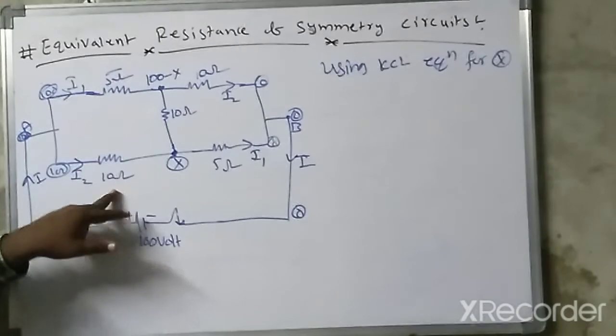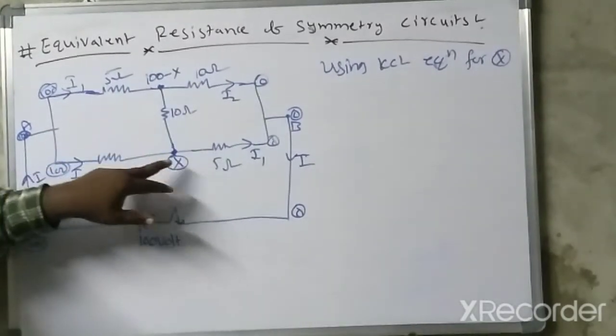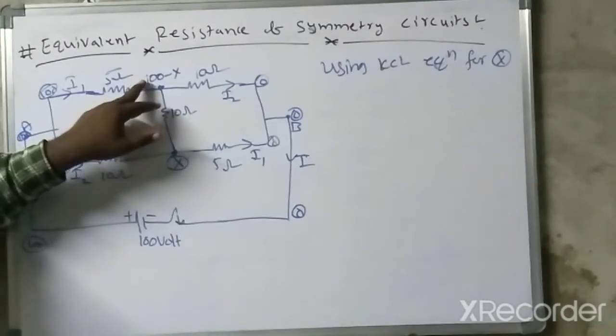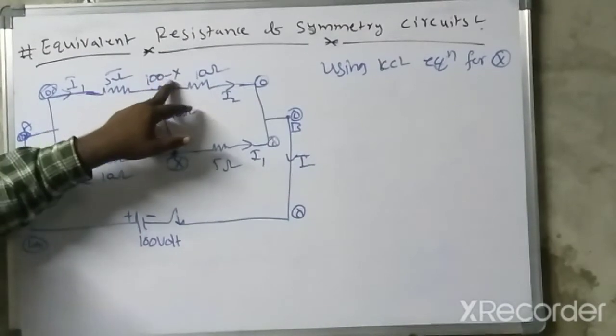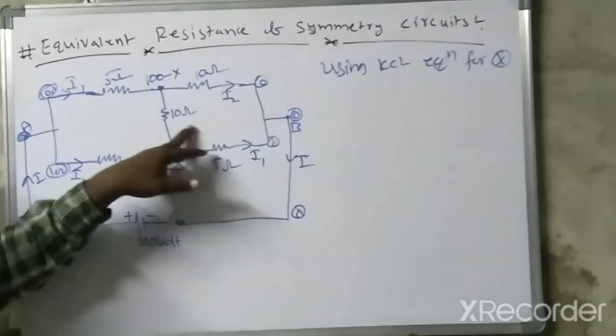Another one, from here to here: X minus of minus 100 minus X, divided by 10.